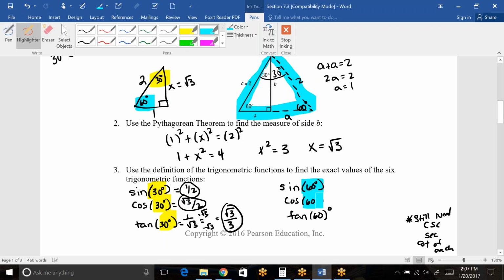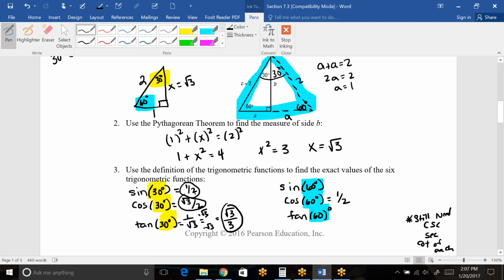Now here's the cool thing. Remember, we just learned about complementary angles. So sine of 30 should be the same as cosine of 60 because remember, they're complementary functions of each other, and the angles add to 90 degrees. So this is actually 1/2. I can double check that though, because remember, cosine is adjacent, which is the leg connected to the angle, over hypotenuse.